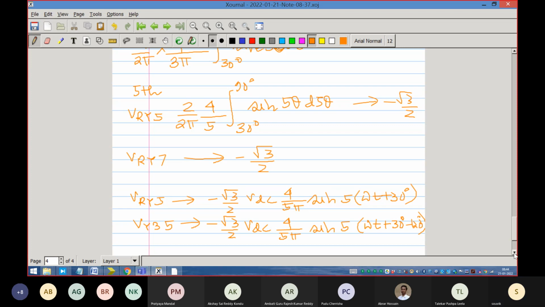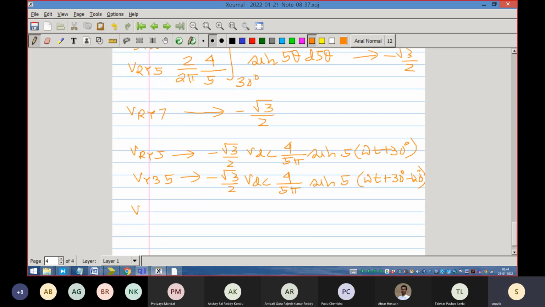And VBR5 is equal to minus root 3 by 2 VDC 4 by 5 pi into sine of 5 into omega t plus 30 plus 120 degree, right?